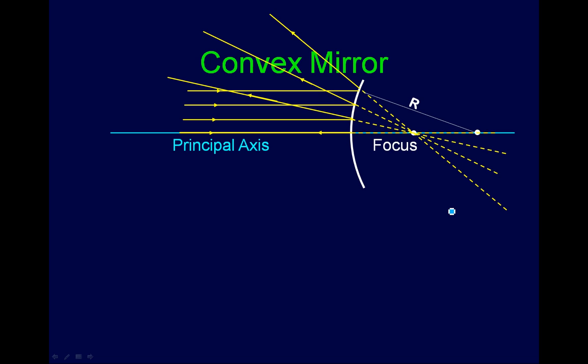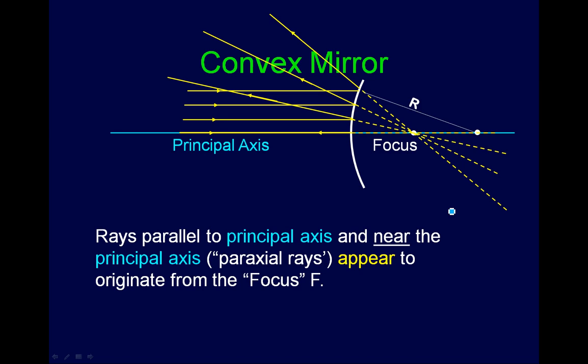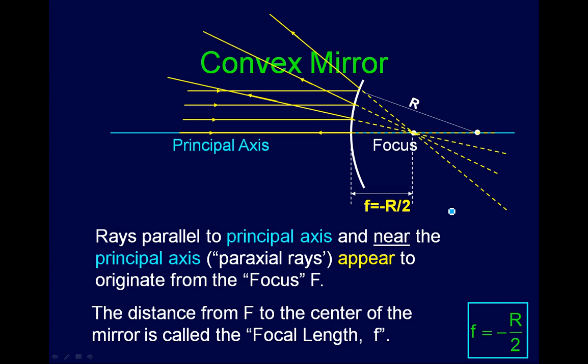So rays parallel to the principal axis appear to originate from the focus F, and this focus is still half the center of curvature distance, but we define this to be negative. With the focal length, if it's in front of the mirror, we define it as being positive. If it's behind the mirror, we define it as being negative.